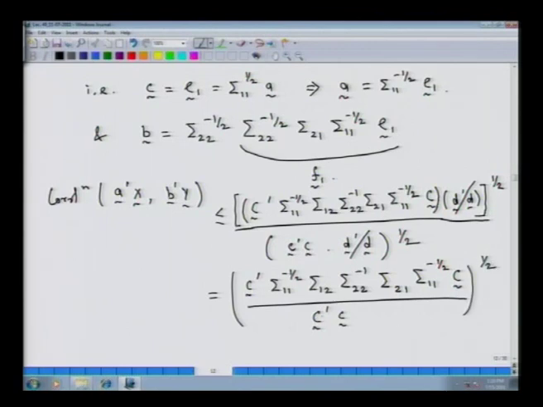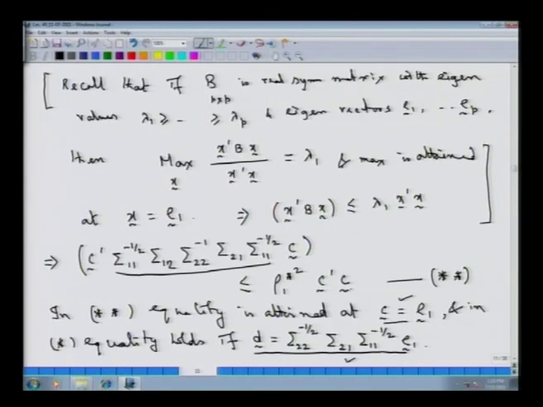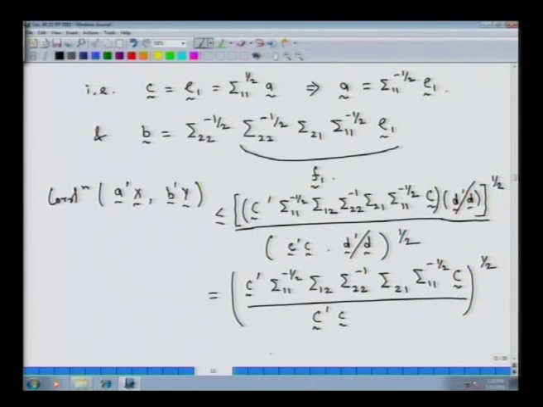And by using the result we have used here, this numerator is further less than or equal to rho 1 star square times C prime C. So, finally this expression is less than or equal to rho 1 star square multiplied by C prime C, divided by C prime C, the entire thing raised to the power half. So, this term is just equal to rho 1 star. So, the correlation between A prime x and B prime y is less than or equal to rho 1 star.